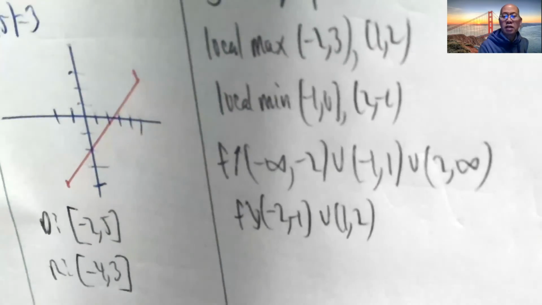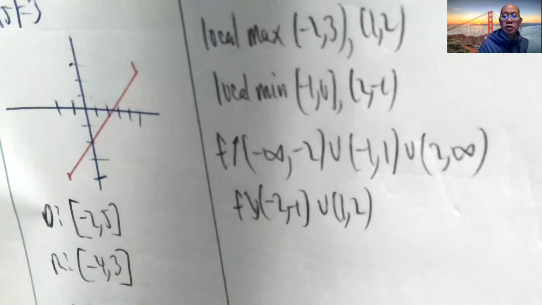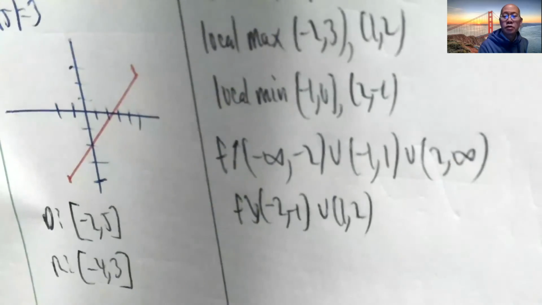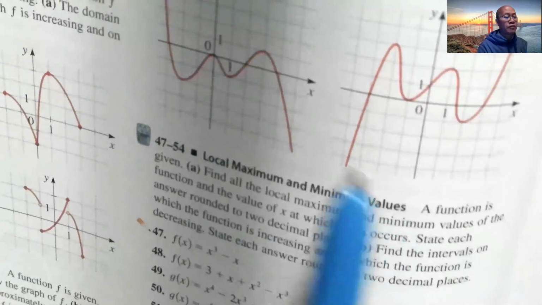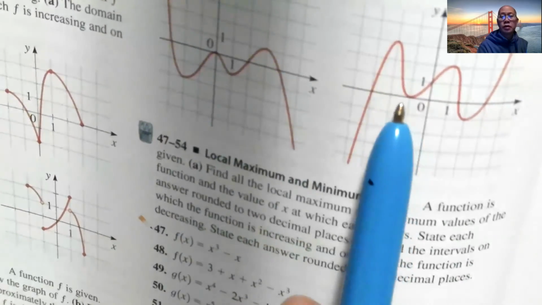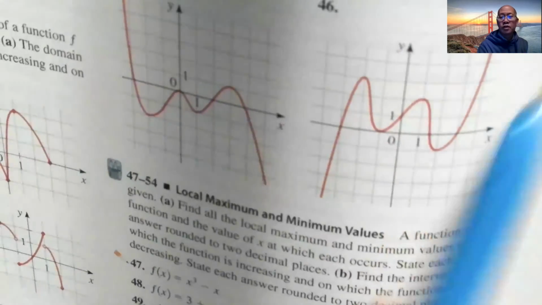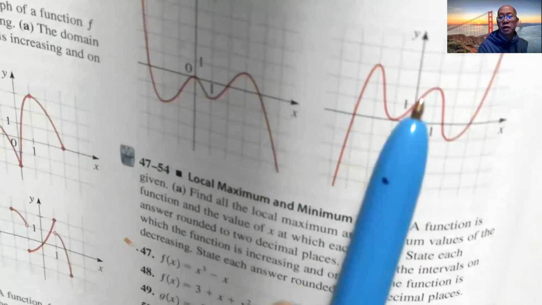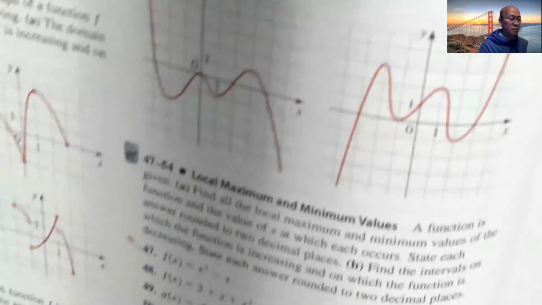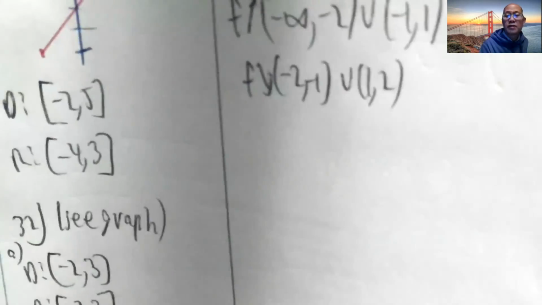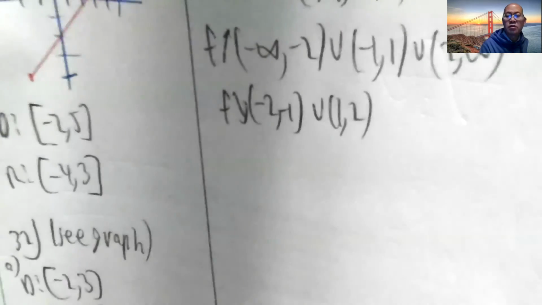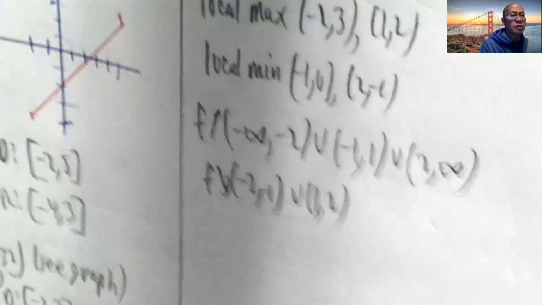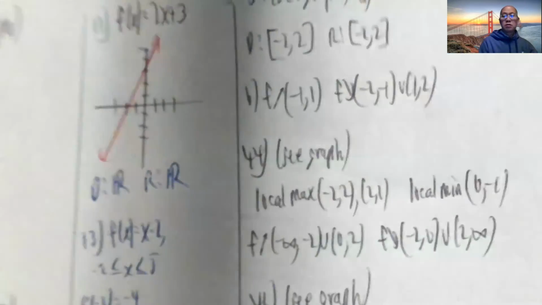So F is increasing from negative infinity to negative 2, union negative 1 to 1, union 2 to infinity, decreasing between negative 2 and negative 1, and from 1 to 2. So F is decreasing from negative 2 to negative 1, union 1, 2. Okay. So those are problems from section 2.3.